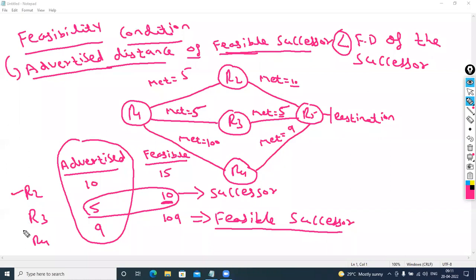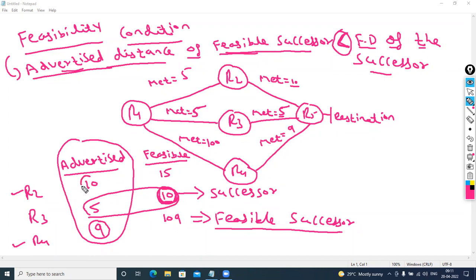Either R2 will become a feasible successor or R4 will become the feasible successor. So what is the condition? The advertised distance should be less than the feasible distance of the successor. What is the feasible distance? 10. Means this advertised distance should be less than 10.